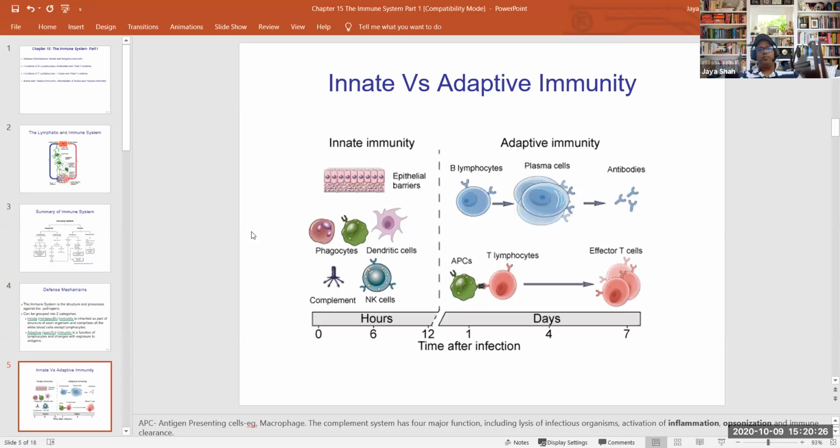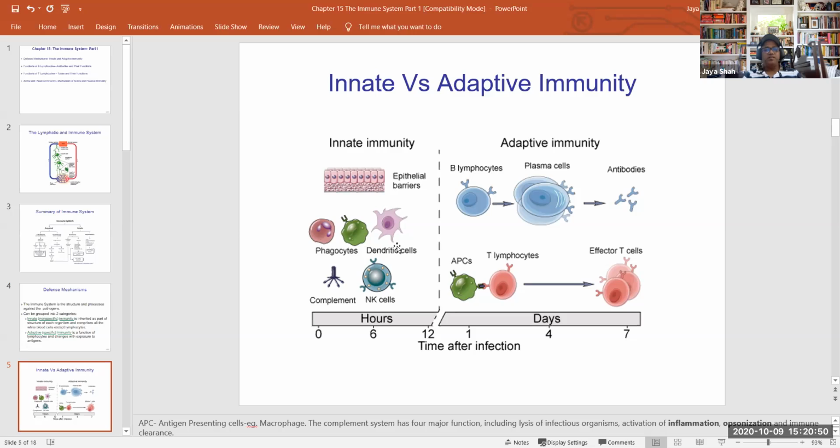So again, if you compare innate and adaptive immunity, you see here on the left side you have innate immunity and on the right side adaptive immunity. Here you have the epithelial barrier, one of the innate immunity examples. Then you have phagocytes, you see dendritic cells, the phagocytes, large eating cells.